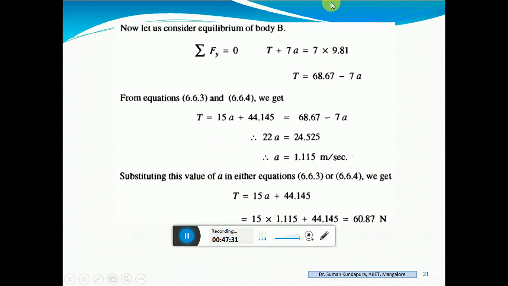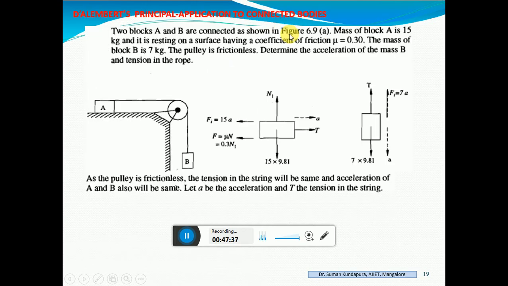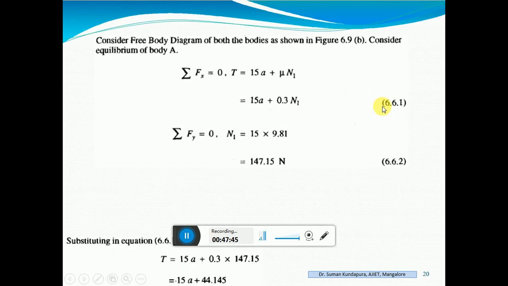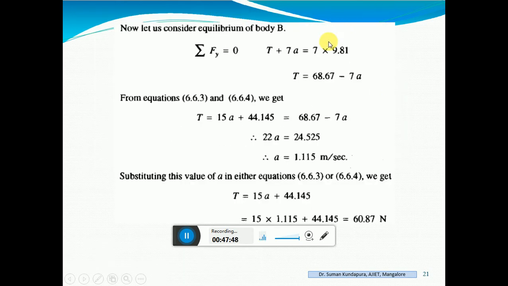Next, consider the equilibrium of body B. Coming to body B, T plus 7A, summation Fy, minus 7 into 9.81.